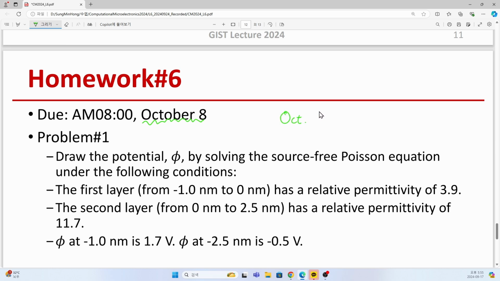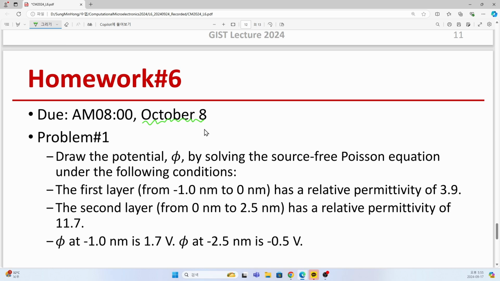October 1st was announced as a public holiday this year, so we don't have any lecture on October 1st and October 3rd. This is a national holiday also. So your due date is postponed to October 8th.